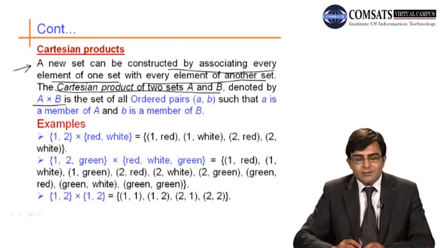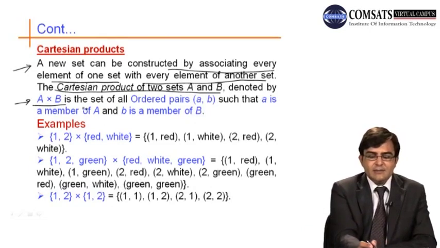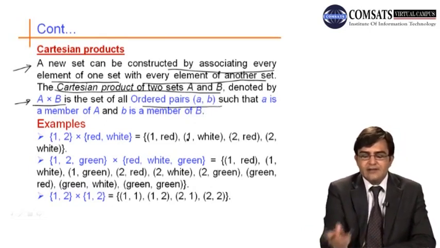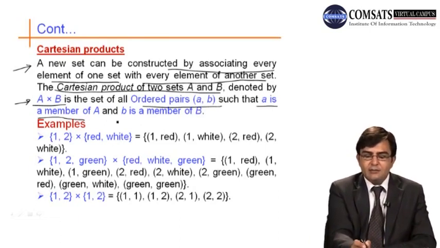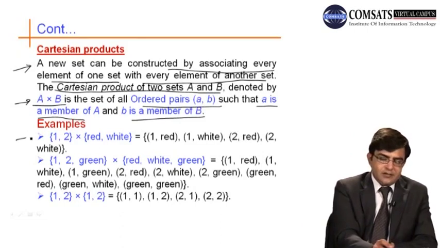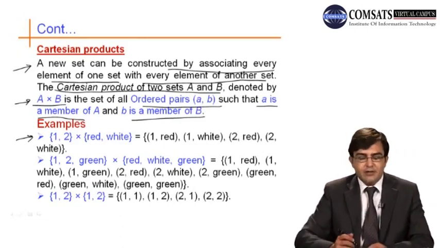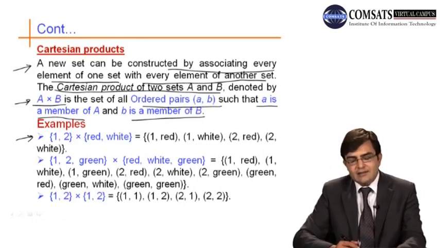The Cartesian product of A and B is denoted by A cross B, and it is the set of all ordered pairs (a, b), such that a is a member of A and b is a member of B. For example, if the set A is 1, 2, and the set B is red, white, what is the Cartesian product of these two sets?